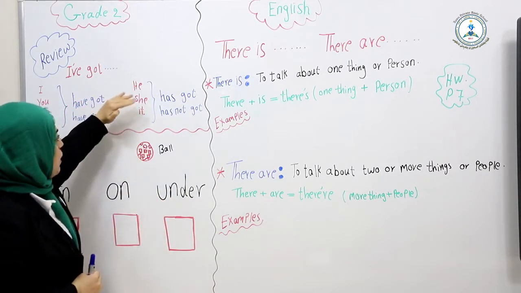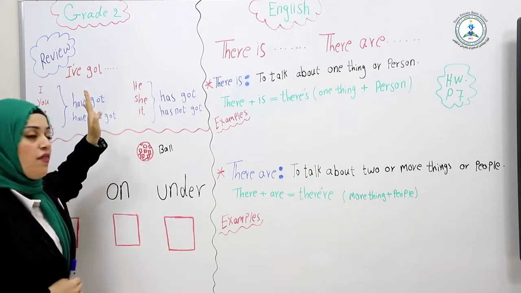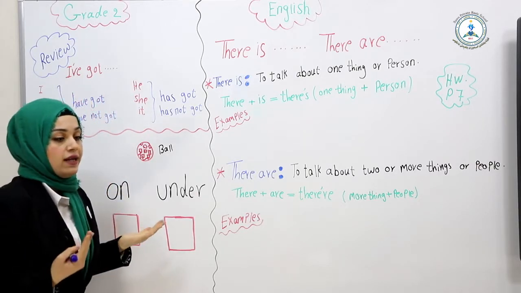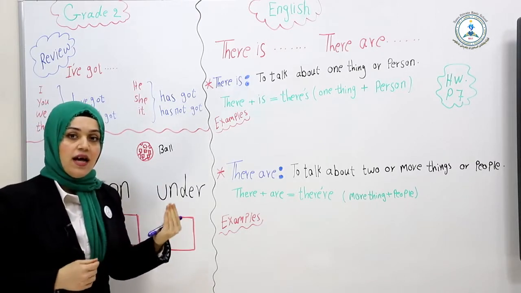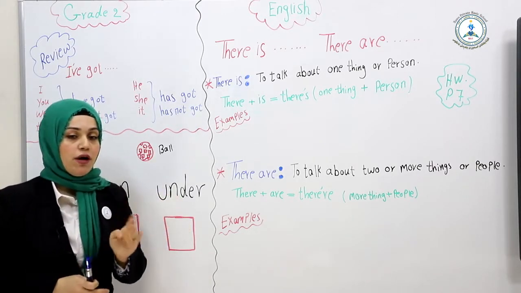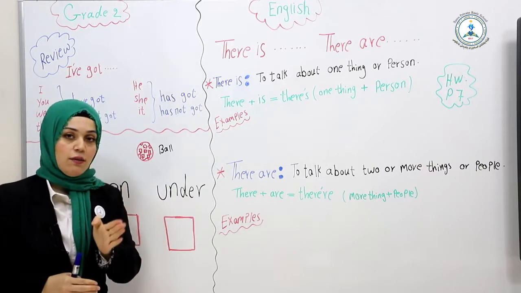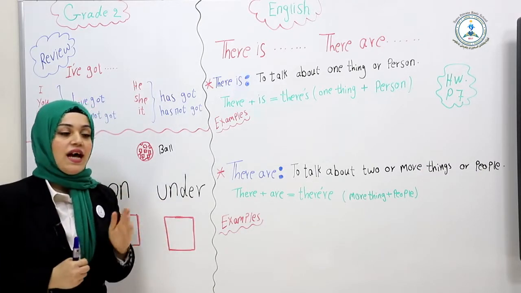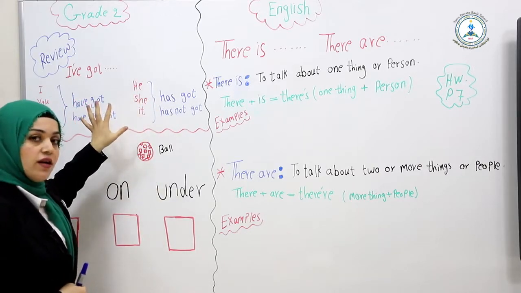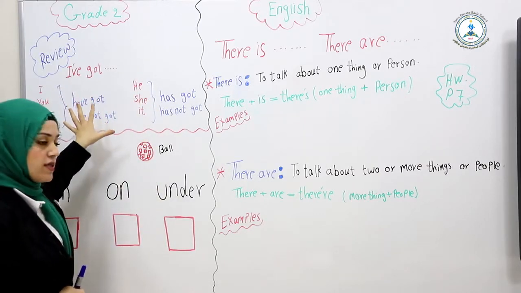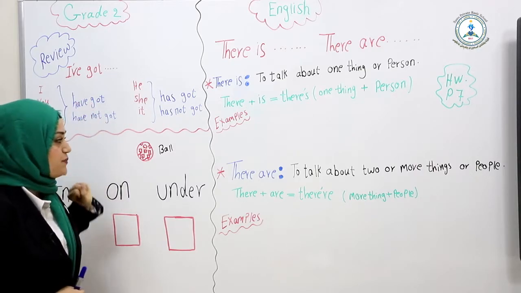So that's how we use I've got with the pronouns. If we use a name, for example, we say Ahmed has got a marker. If we make it negative, we say Ahmed has not got a marker.